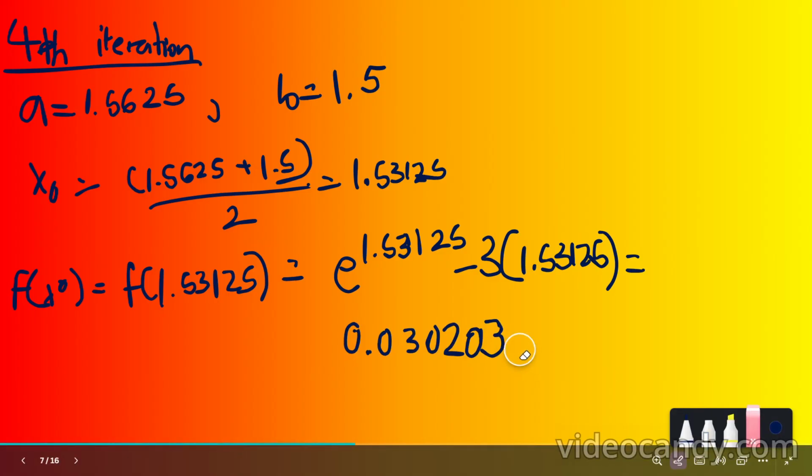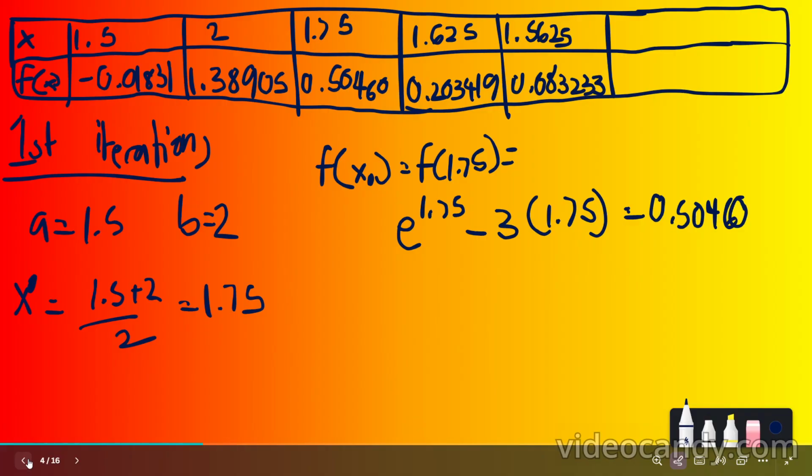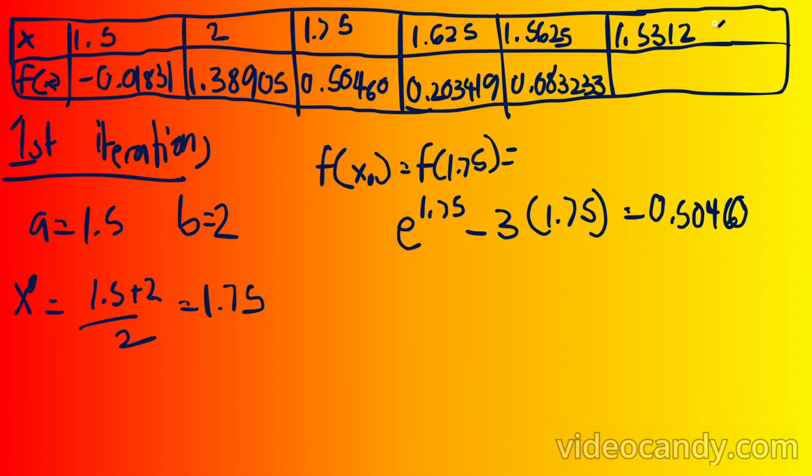It becomes positive. So f(1.53125) is 0.03020, and that is the answer in the fourth iteration.